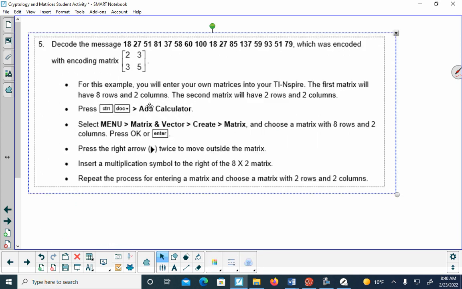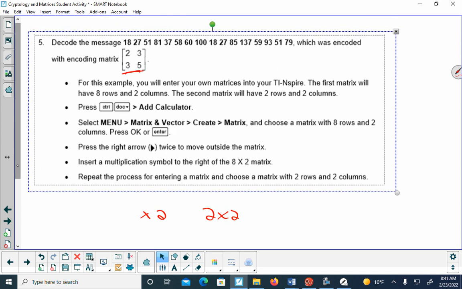It says decode the message 18, 27, 51, 81, 37, 58, 60, 118, which was encoded with the matrix 2, 3, 3, 5. This matrix C here is a 2 by 2, so I'm only going to have 2 columns.